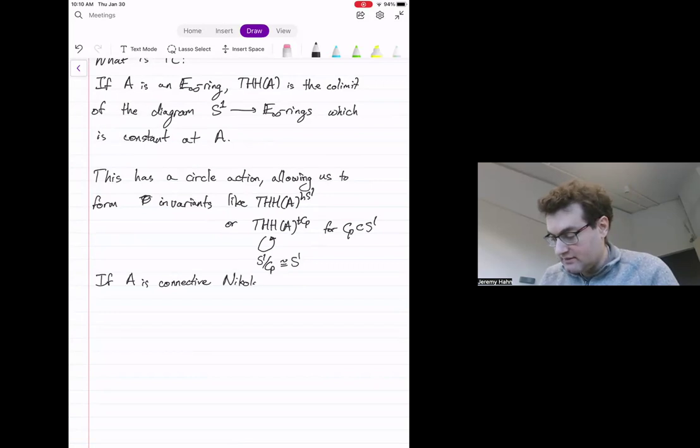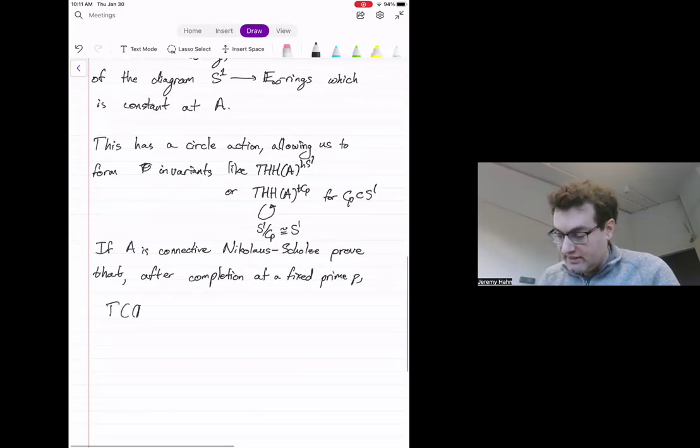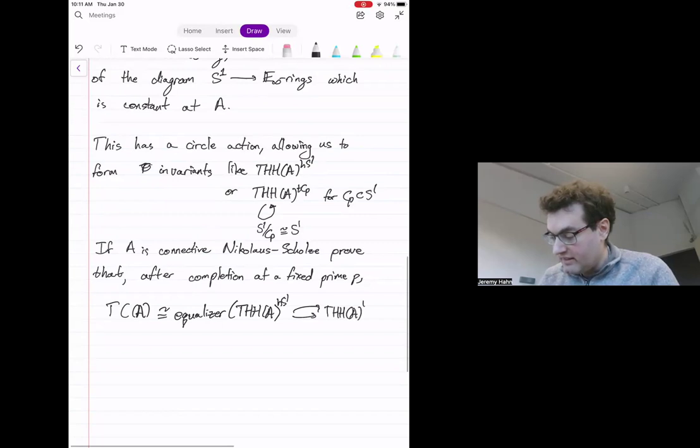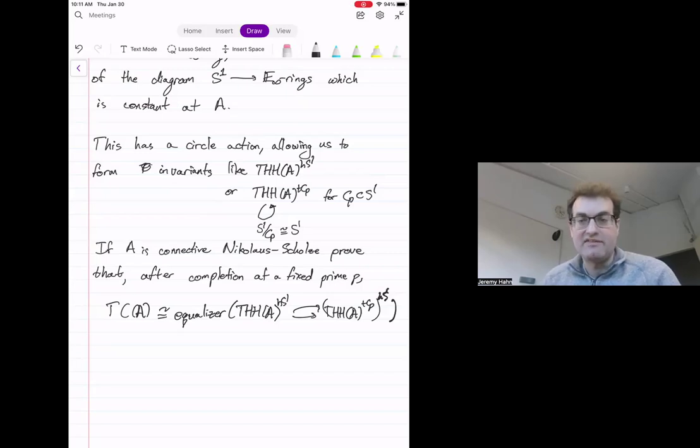They proved that, say, after completion at some fixed prime p, you can describe TC of A, again up to p completion, as an equalizer of two maps, THH of A to the homotopy fixed points for S^1, to THH of A to the C_p, homotopy fixed points for S^1, where that second S^1 is for the residual S^1 mod C_p action.